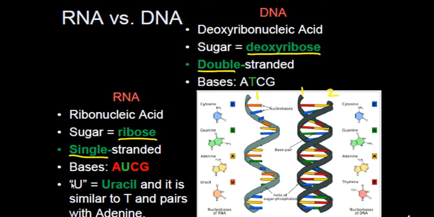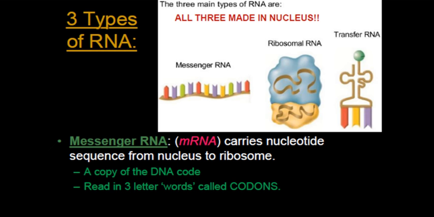And then there is a different base in RNA. In RNA, A bonds with U, and in DNA, A bonds with T. So we have uracil replacing thymine. So three major differences.